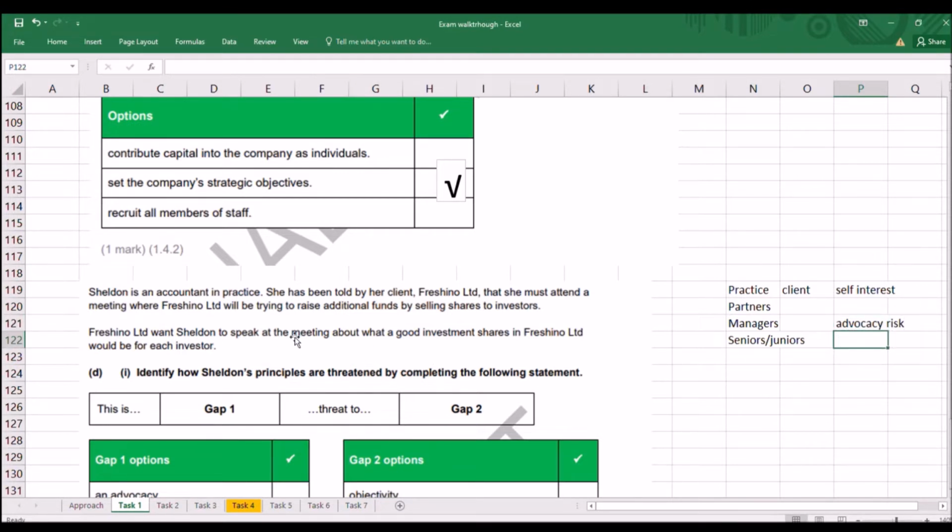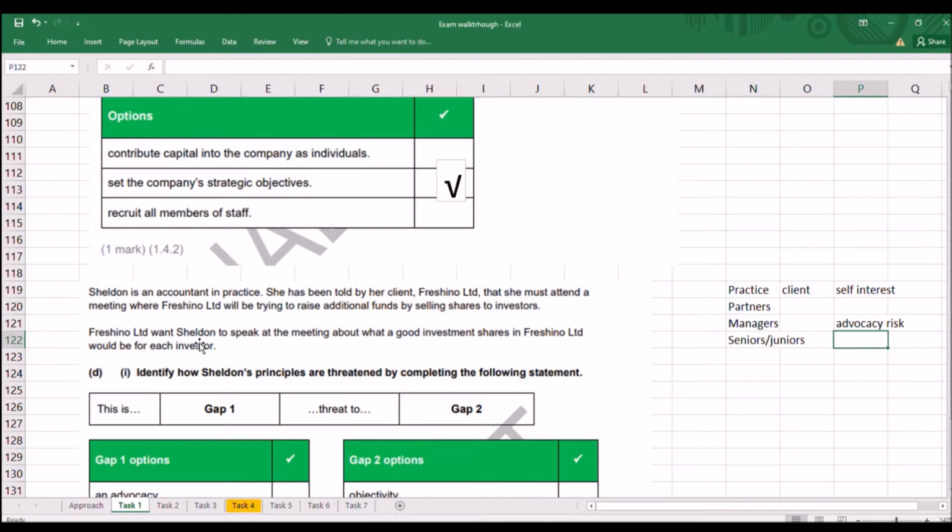If Sheldon was to advocate the position that these shares are really great, invest in this company, and she's also auditing the company as well, and the company turns out to not be that good at all, Sheldon's going to have a problem here, because she's going to undermine her credibility by turning around to these investors she told was great, and actually then tell them that it's a lot of rubbish. So it's quite difficult, because the advocacy risk would then be a threat to the objectivity.